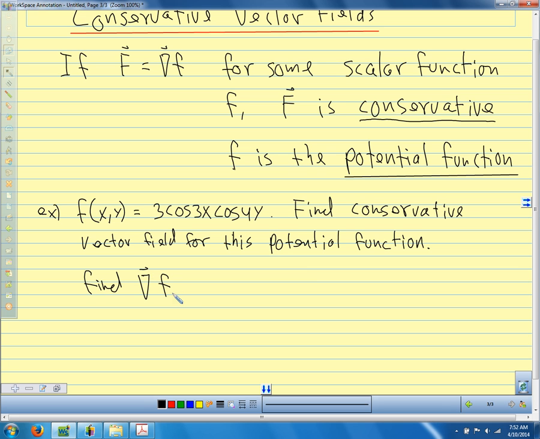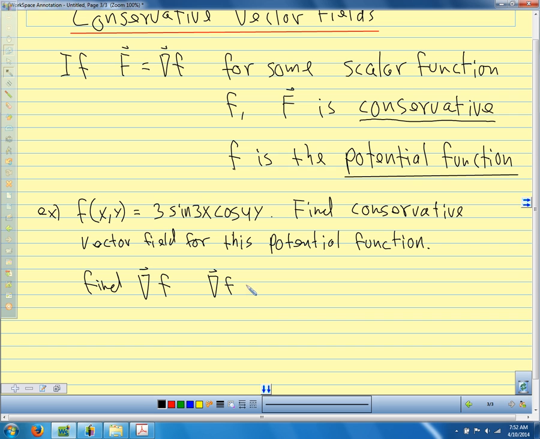So we find our gradient, we take our partial derivatives. Actually, let me switch this. I want this to be sine of 3x. Sorry.